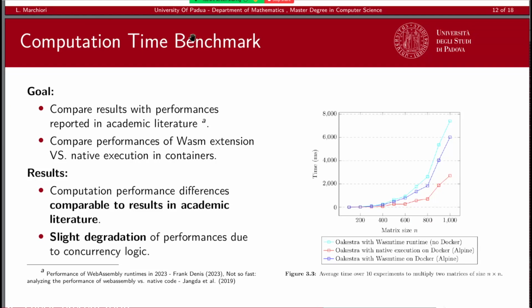And we measured how long it takes for WASM to compute some benchmarks. In detail, the benchmarks are PolyBench benchmarks, which are also used in a lot of scientific papers. And so what we discovered was that Oakestra with the Wasmtime implementation is a little bit less performant than running the same benchmark in a container as native software.